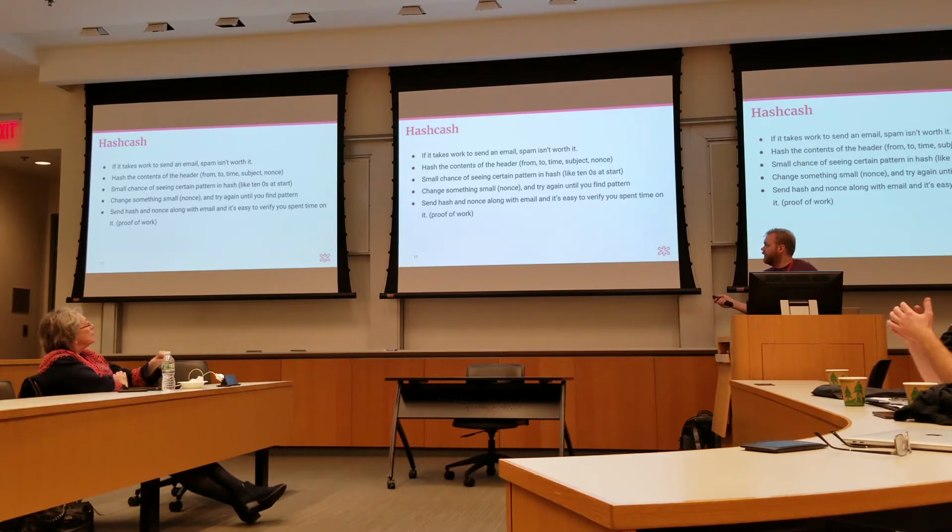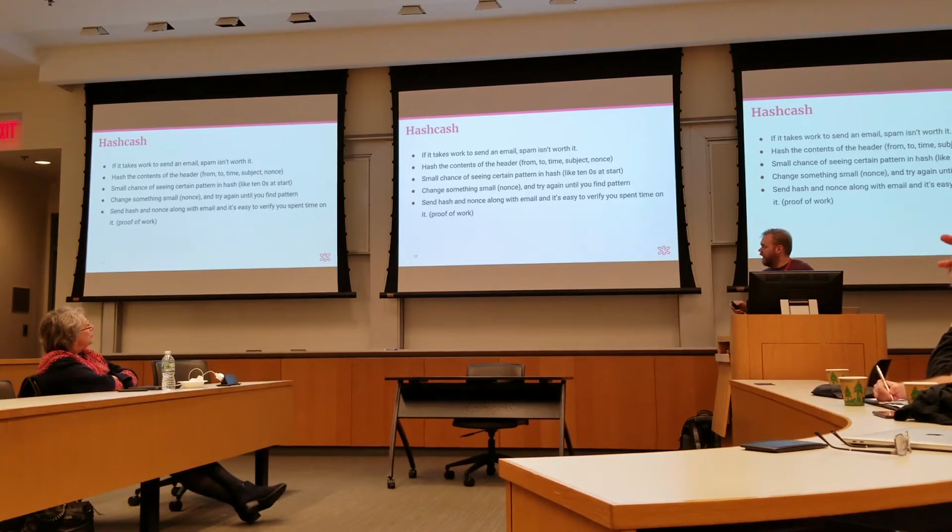So the idea here is that now you've proved that you spent a long time, and long is a relative term, but like a fraction of a second to generate this hash, and I can then put this hash into the header of the email, send it to you, the recipient, and then it's very easy for you to verify that what I said made that hash true was actually true.